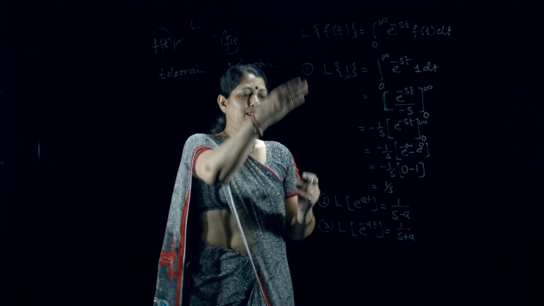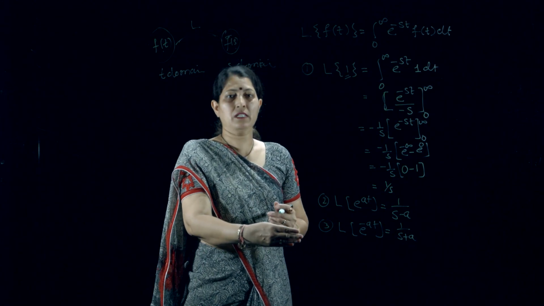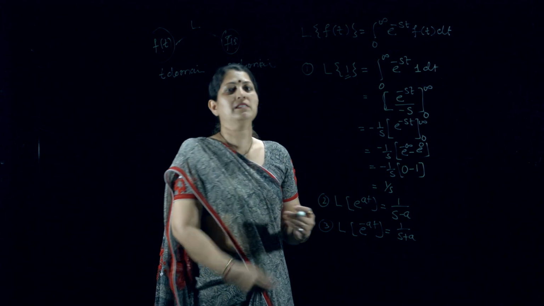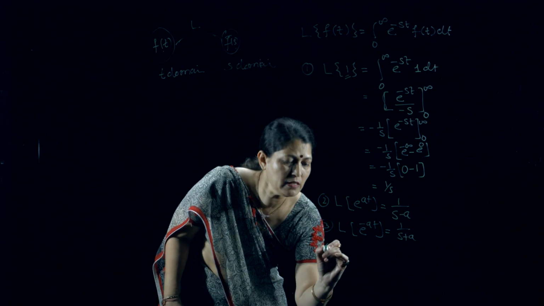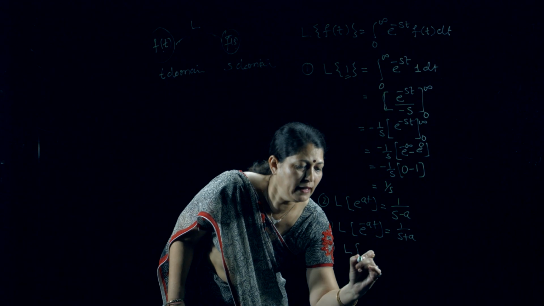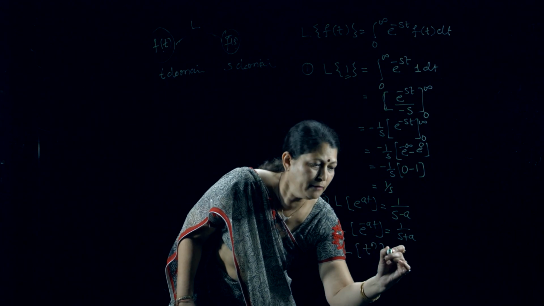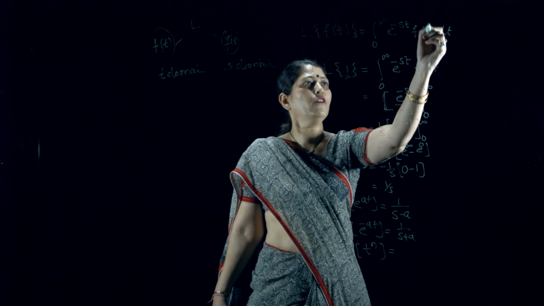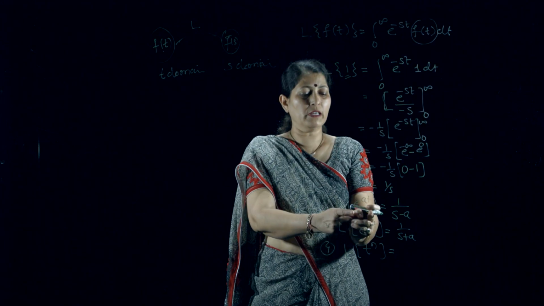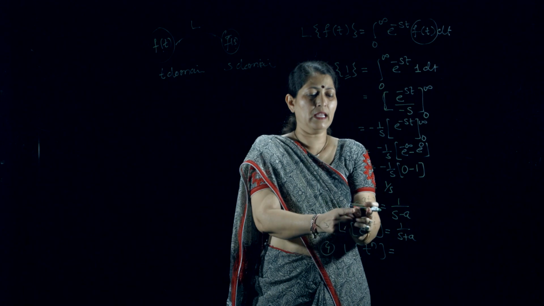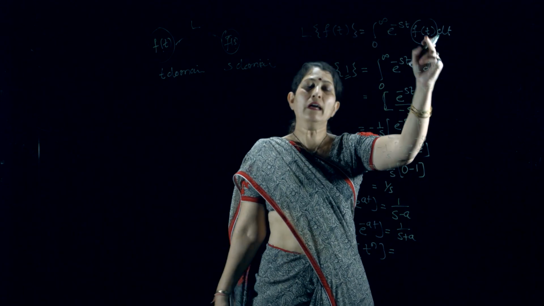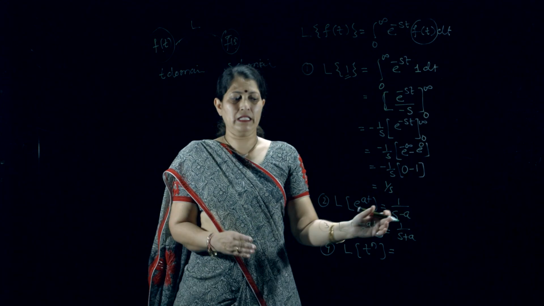Okay. So these are some basic requirements while studying the Laplace transformation, and these are the basic formulas. We can also find L of t power n. Instead of putting f of t, we put whatever is in the bracket: L of e power at, L of e power minus at, t power n, and we can solve the integration.